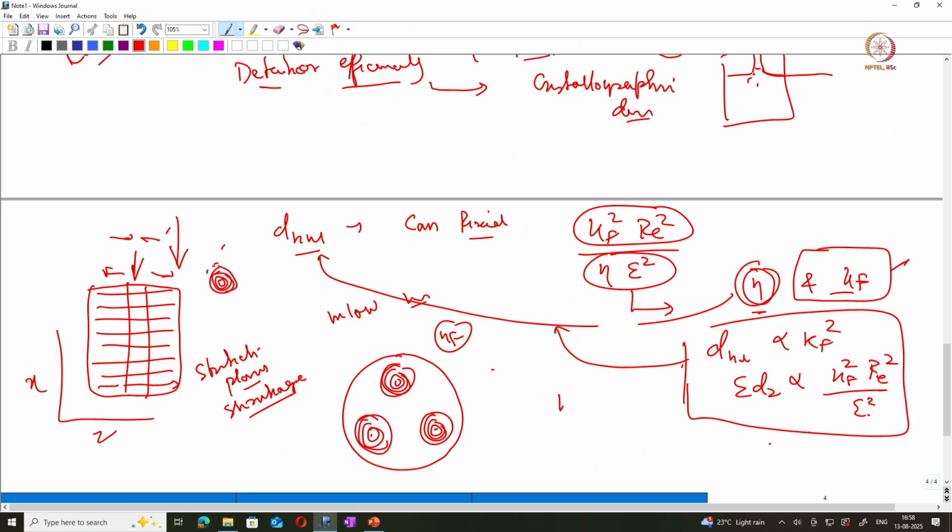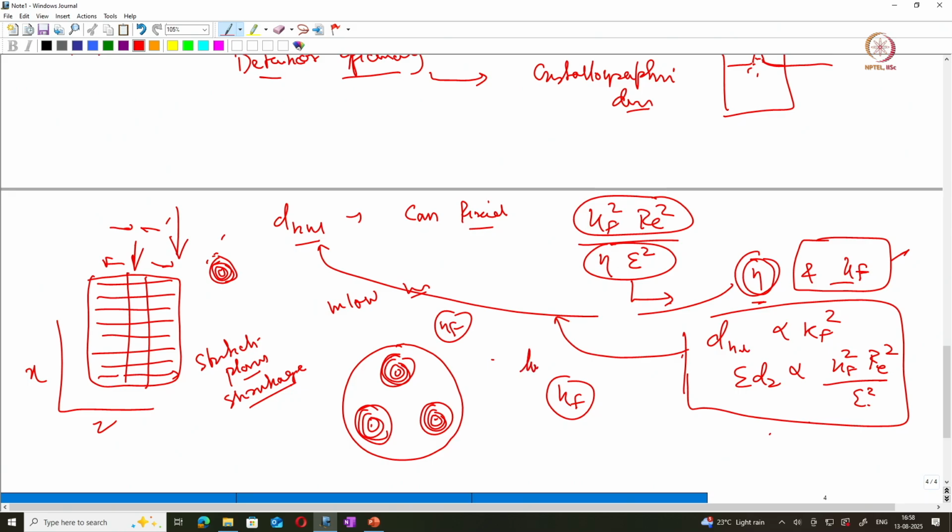Now if we apply different KF values, from low to high, then it is possible that at certain values the particular plane at this area can be stretched.